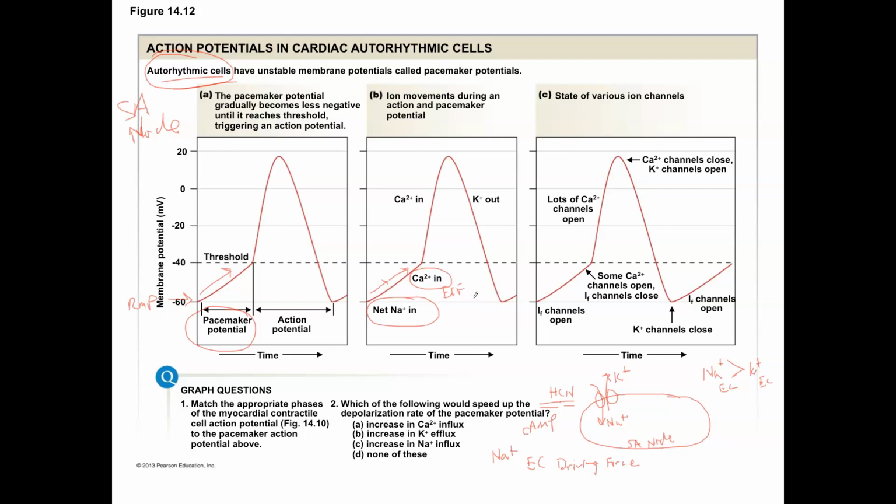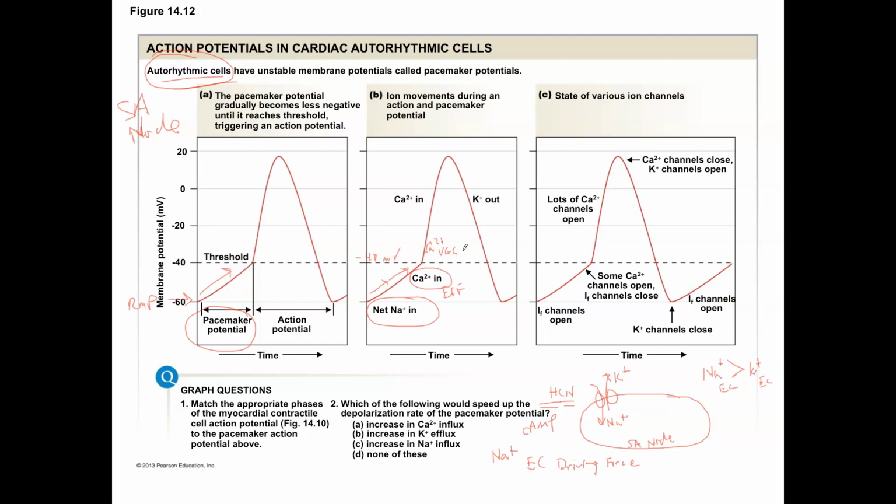And so when you reach threshold, what happens? At about negative 40 millivolts, that is the threshold for these autorhythmic cells, so let's say the SA node cells. Once you hit threshold, you're going to open calcium voltage-gated channels. Now that's different from what you see in neurons. In neurons, you would be opening sodium voltage-gated channels, but this is cardiac action potential.